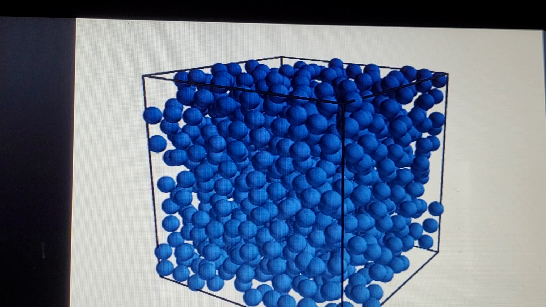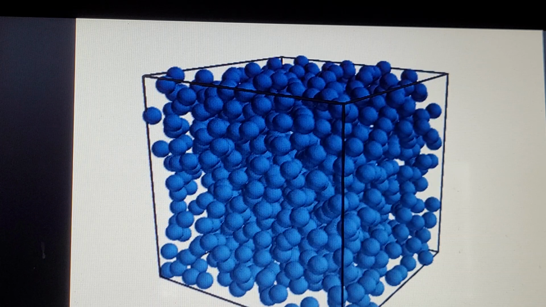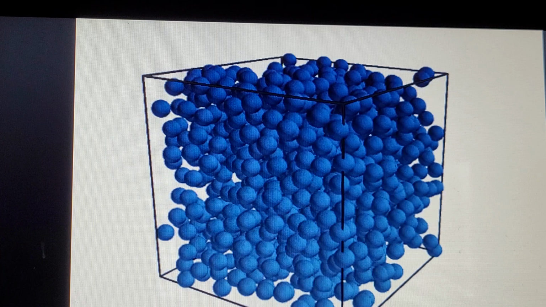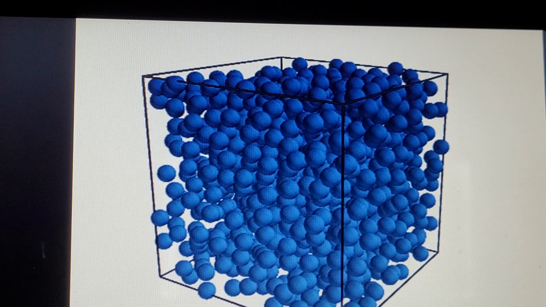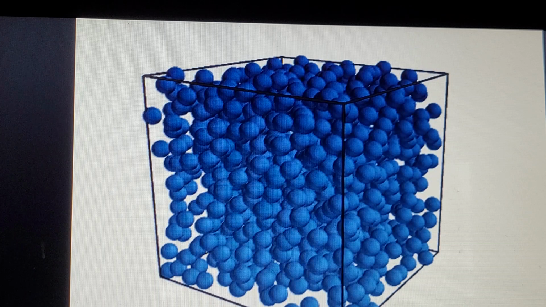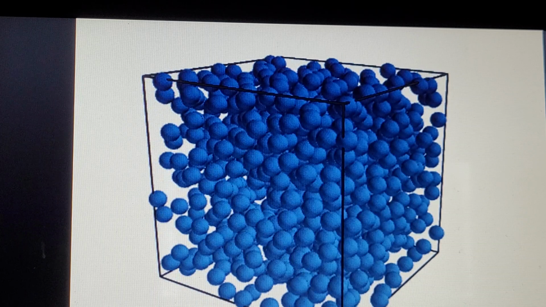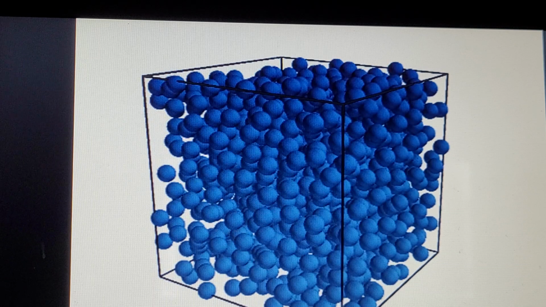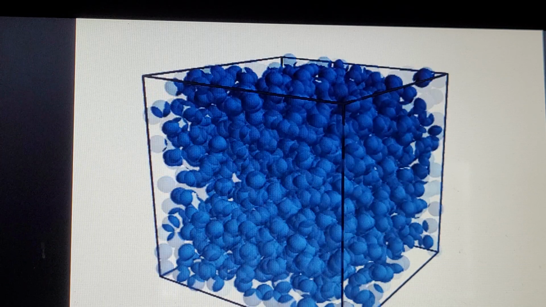There is some collision and interaction between these molecules and atoms, and for example, you can consider each atom as a ball, and you can study your system.